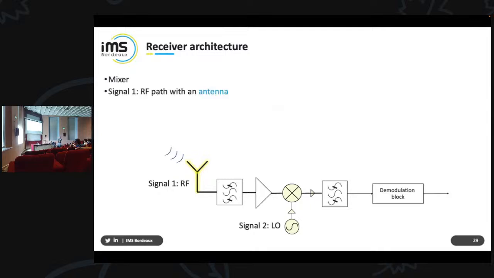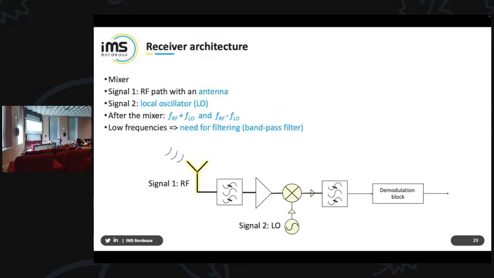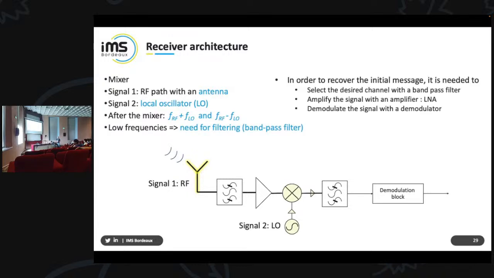So you find all these building blocks: the mixer, the signal that you receive or transmit through the antenna, and the carrier generated by the local oscillator. Here you have a second signal. That's why at the end, after the mixer, you have either the sum or the subtraction, either you up or down convert. And then you need to filter to remove what you don't want.